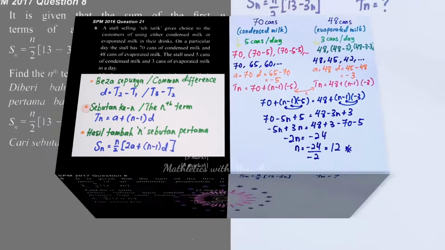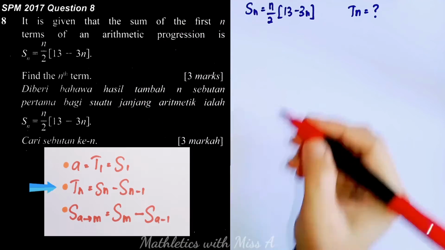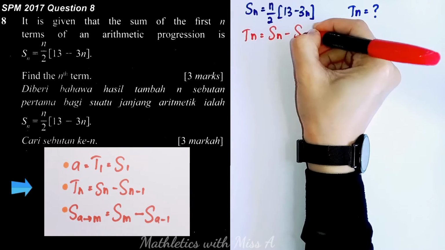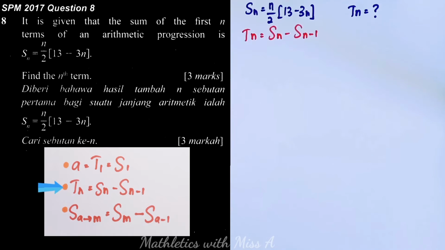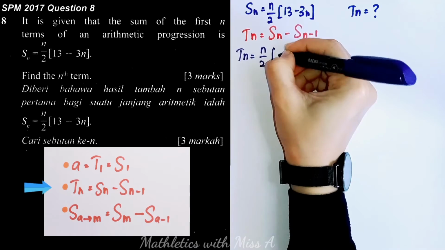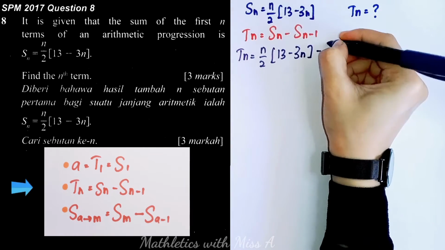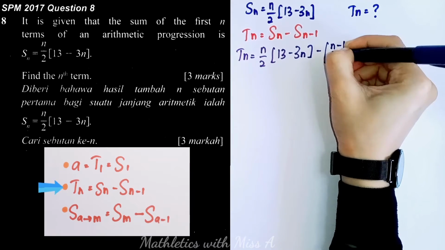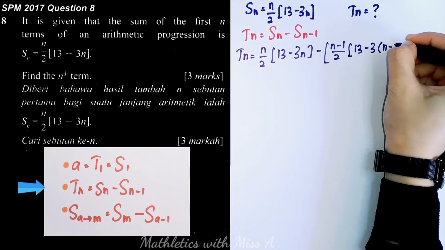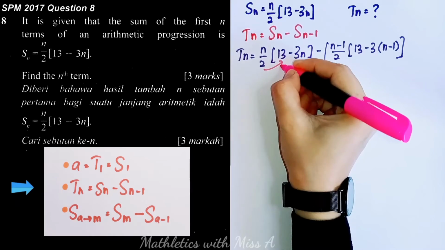It is given that the sum of the first n terms of an arithmetic progression is Sn equals n over 2 in bracket 13 minus 3n. So by using the formula stated, insert the value of Sn minus, so insert n minus 1 into n, then expand.